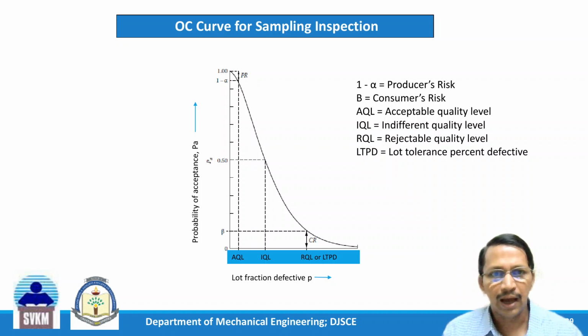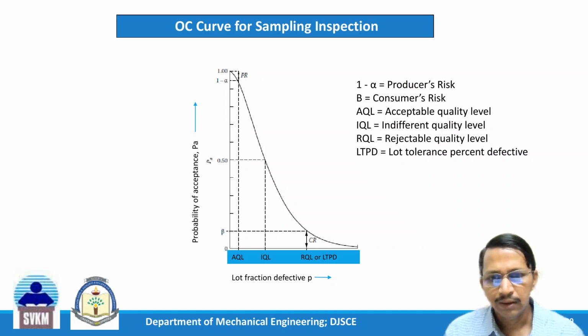So this alpha percentage is decided jointly by the producer as well as the consumer. And this is one of the important parameters for the OC curve. So alpha is the producer's risk.